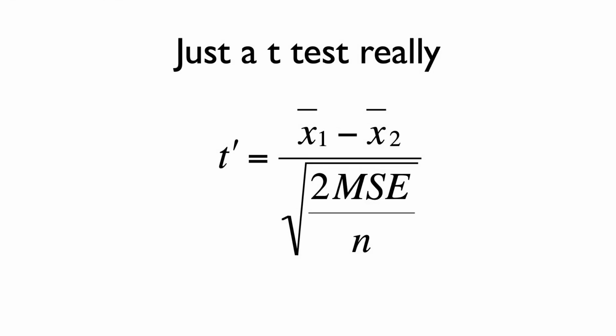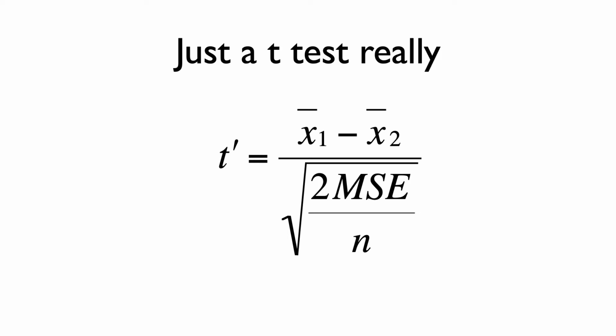So this is your t-test. We're going to call it t prime. That's what this little tick mark is here, a prime. So x bar 1 minus x bar 2, whatever the two means are that you're interested in, divided by the square root of 2 times the mean squared error, divided by n. It's just a t-test.